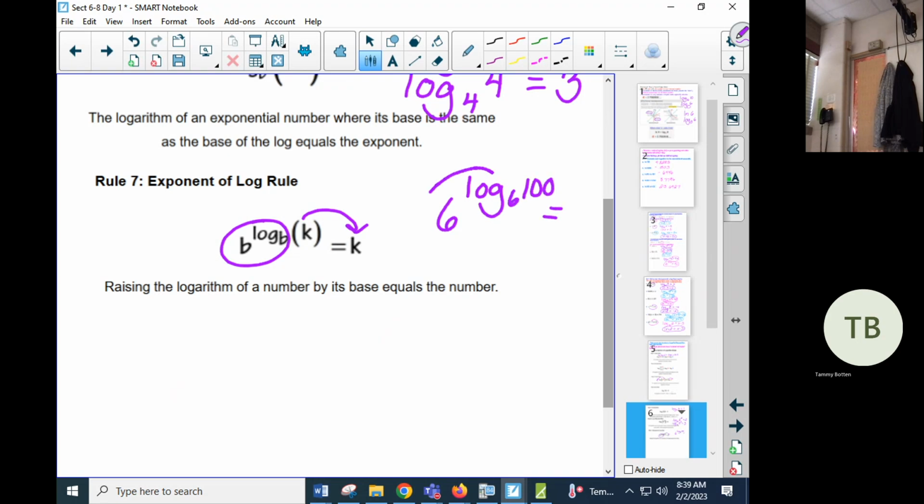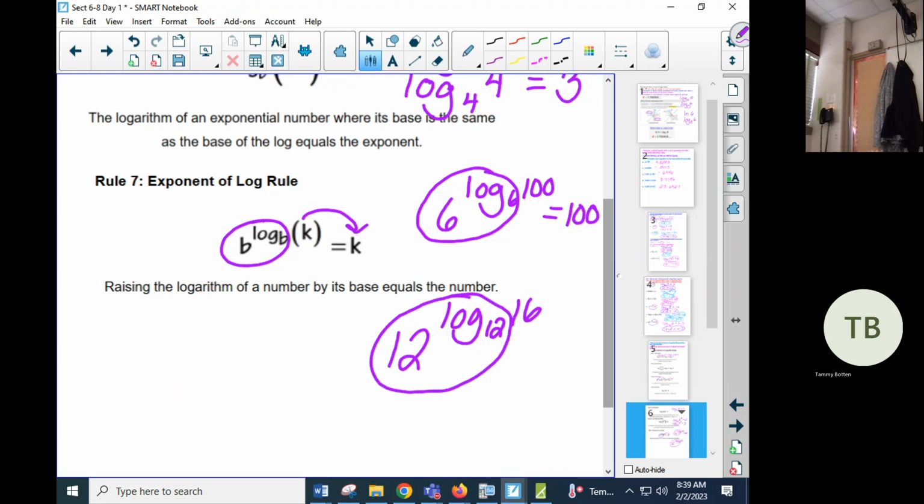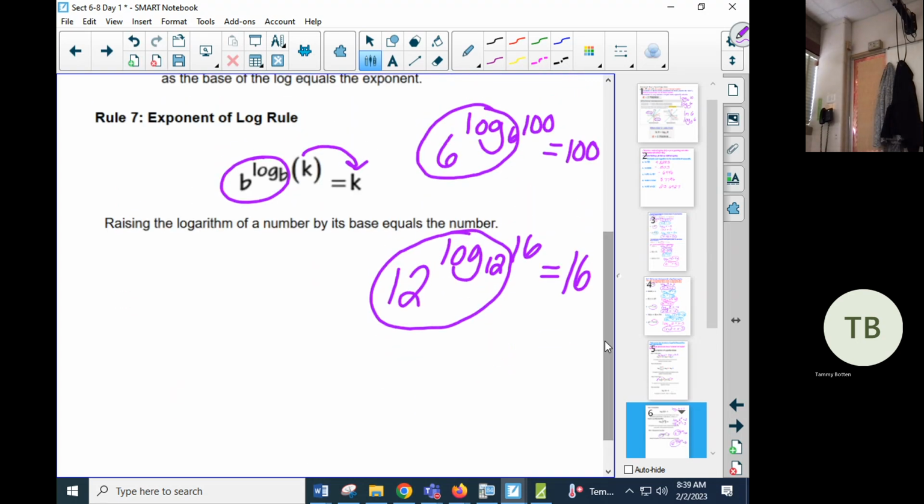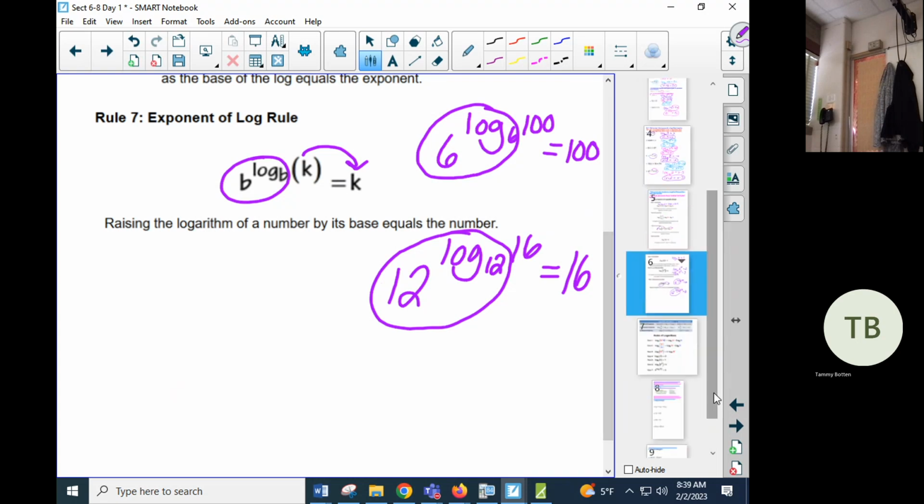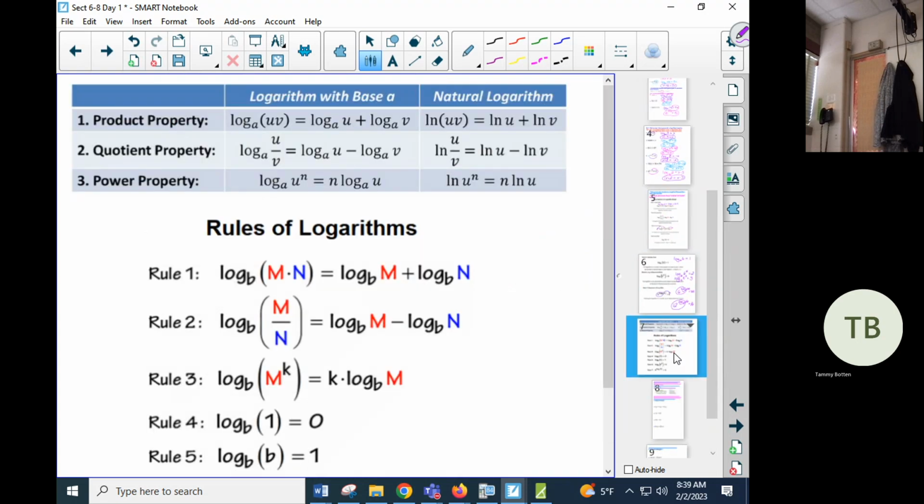Okay, this you can kind of just think of going away and your answer would be 100. It could look like 12 to the log base 12 of 16. If these two are the same, your answer is 16.